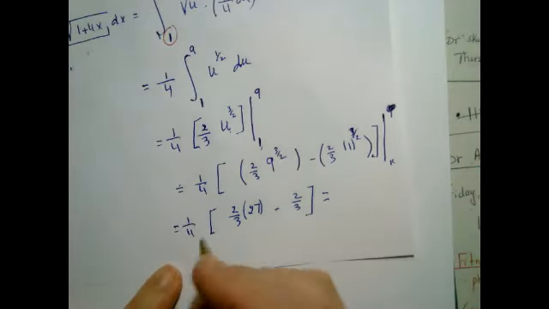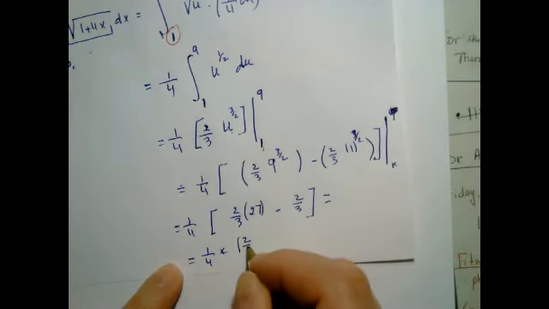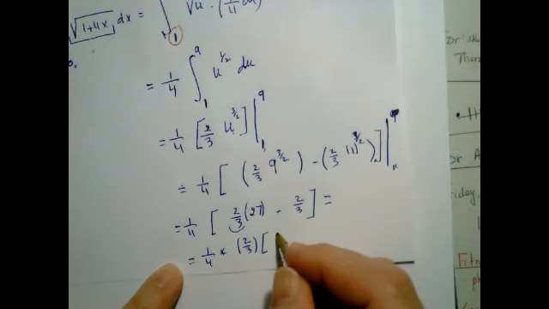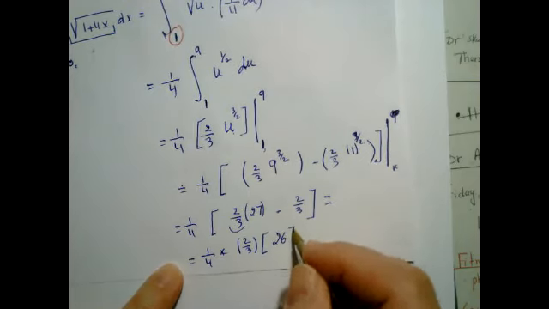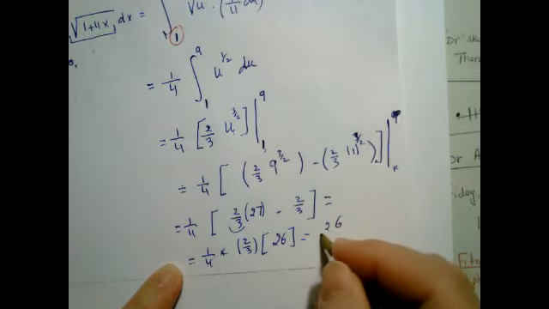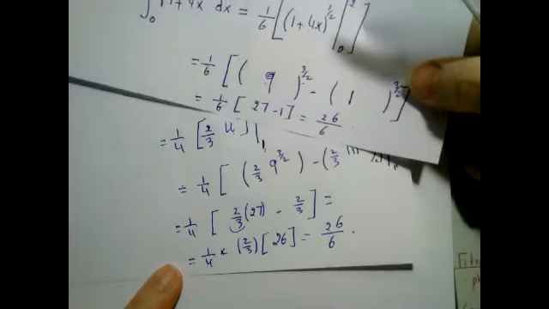Now the 2/3 could actually be factored out, and I will have 26 inside. And then I will end up with 26 over 6, which is exactly what I got before.